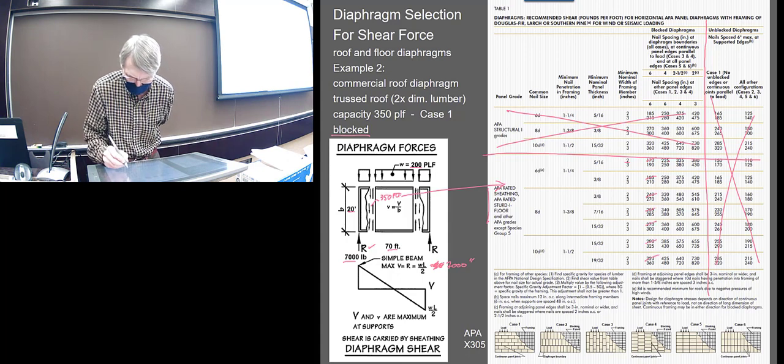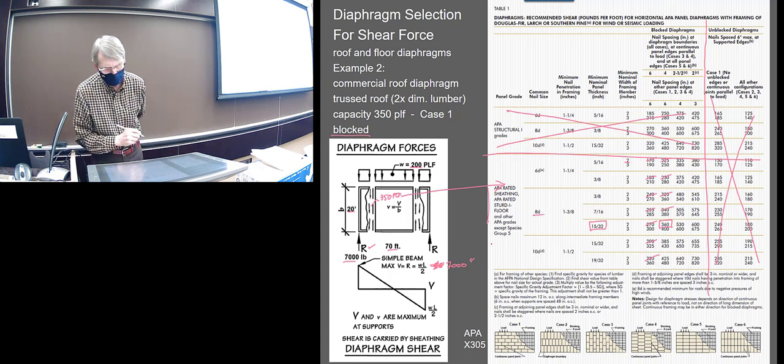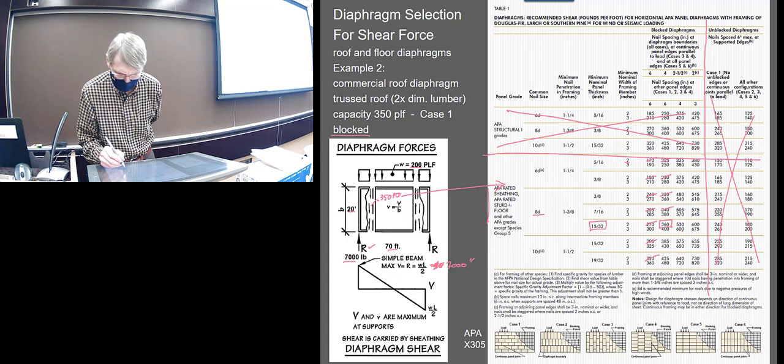Whoa, all those fail. So then I come to the next set, fail, fail, fail, fail. Finally, that one would pass. So that would be 15/32 at 8-penny nails. And that should be the lightest one.